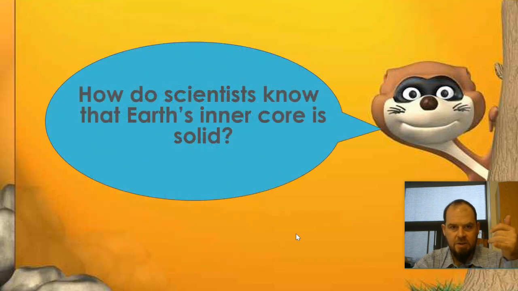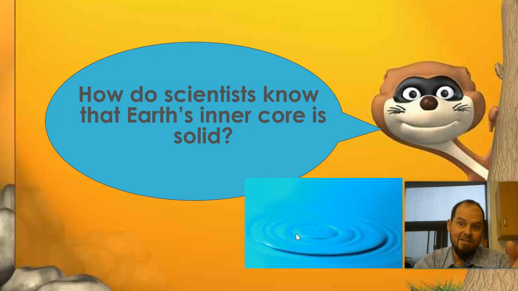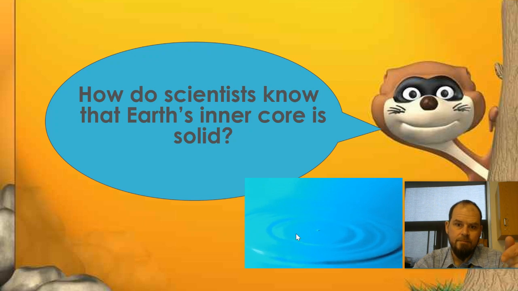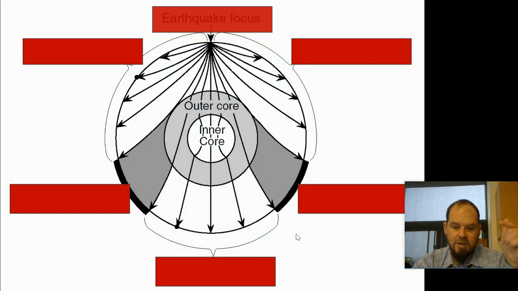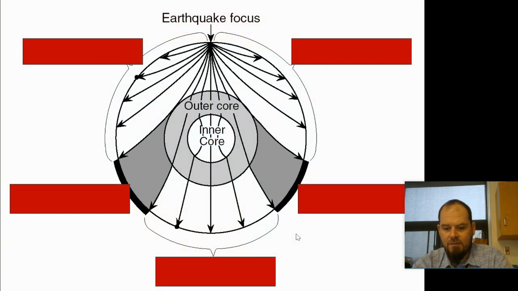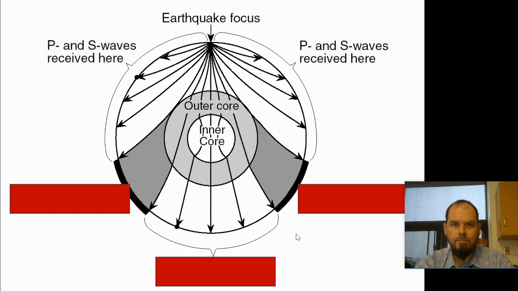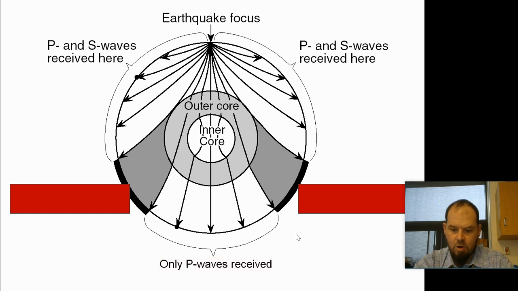So next is this picture. How do we know that the Earth's inner core is solid? And it has to do with these waves. Okay, so here's where you got to label up the picture. The top part of the picture you need to label as the earthquake focus. Then on either side, I have P and S waves being received. Then in the bottom parts, only P waves are received.